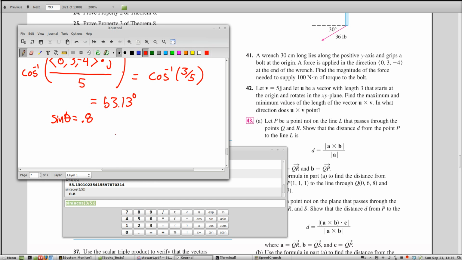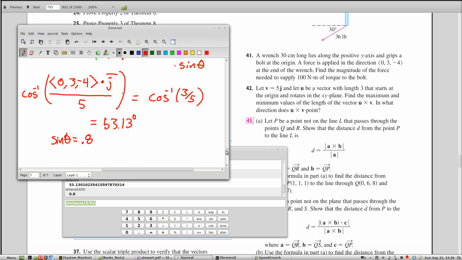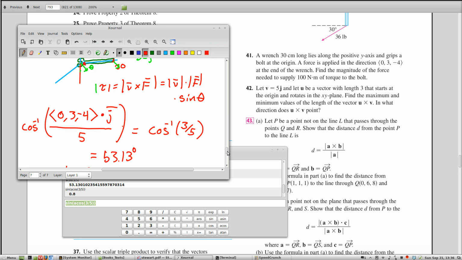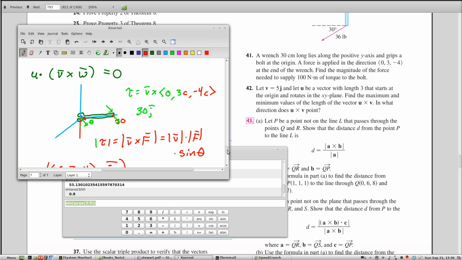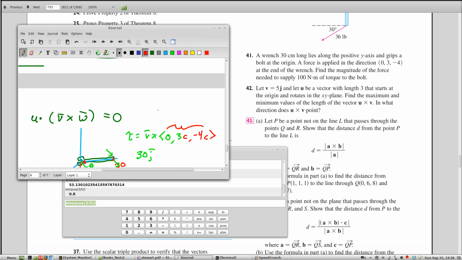And what have we got? Let's look back at this formula that we're using. We know that the wrench is 30 centimeters long, so obviously that's the magnitude. So we've got 30, and what's the magnitude of the force? The magnitude of that thing is going to be c, let's just assume c is positive, times the square root of 9 and 16, which is 25, so it's going to be 5c.